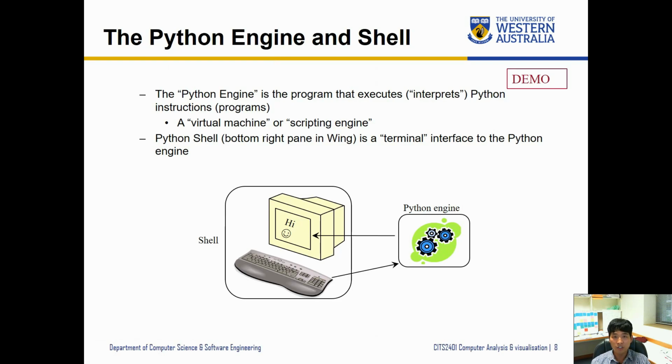The Python engine is the one that executes the Python instructions, and when we say Python executes something, it means it's going to interpret what you have written as code, and when those instructions are run, those are your programs, it's going to calculate whatever you instructed it to do, and then return the result back to you. And the shell is the medium that you interact with the Python engine.